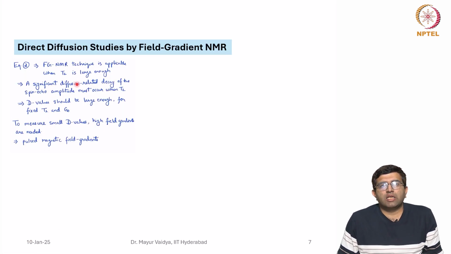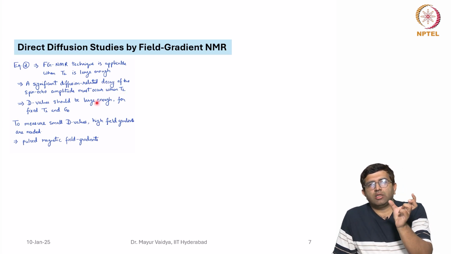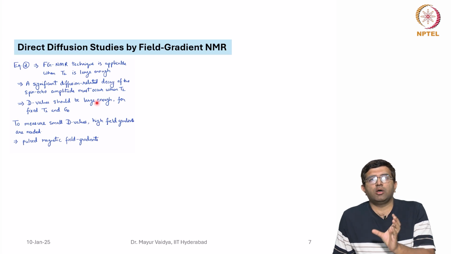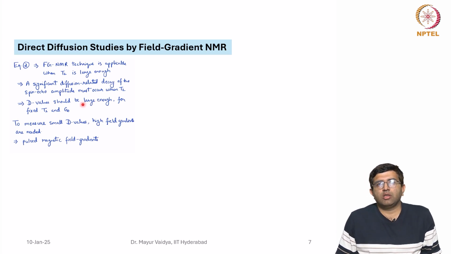So, a significant diffusion related decay of the spin echo amplitude must occur within T2. Okay, so within this time T2, there should be a significant diffusion related decay. That means that the D value should be large enough for the fixed T2 and G naught.